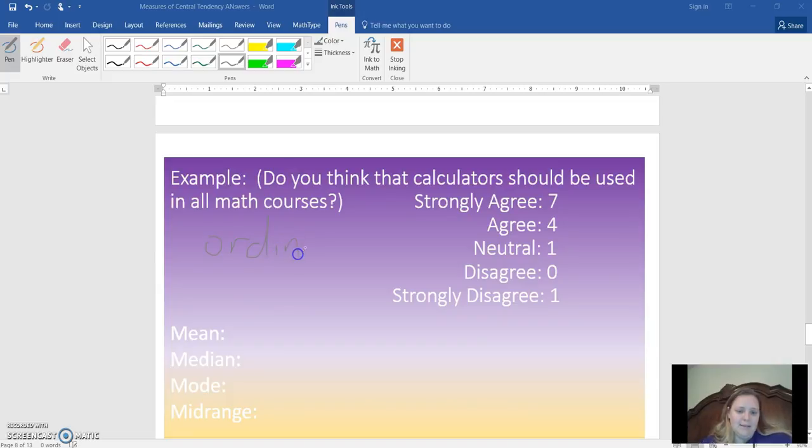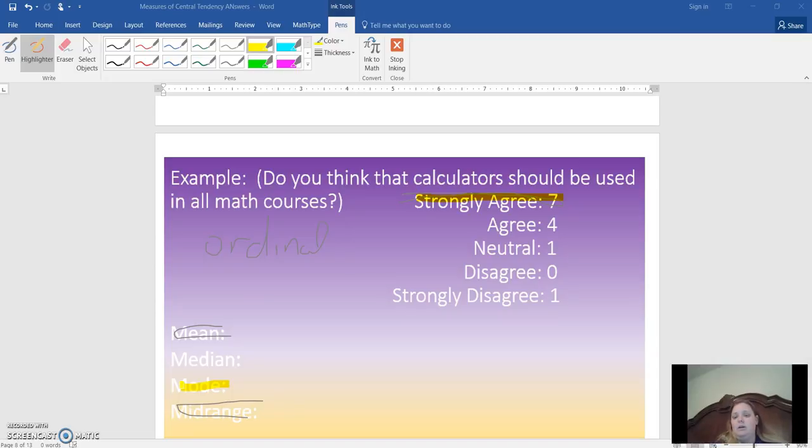All right, and so with these, you can't really find the mean. You can find the median and you can find the mode, but you can't find the mean or really the mid-range because there's not physical numbers. And so the mode is the one that appears the most, and so this is the mode. So the mode is that guy. And then the median is the middle.